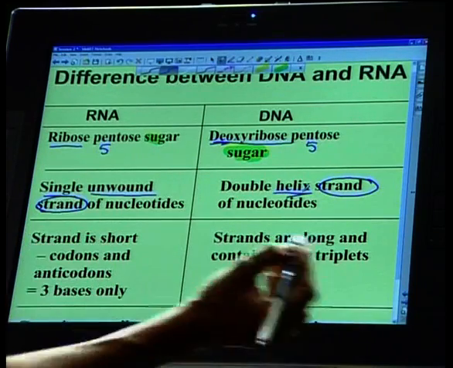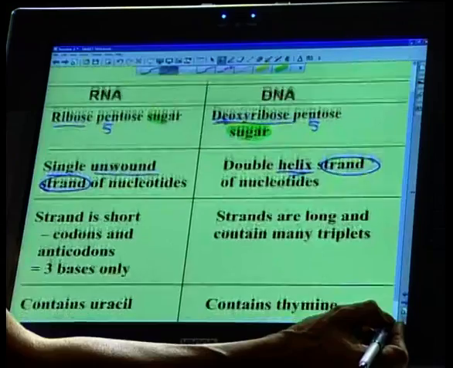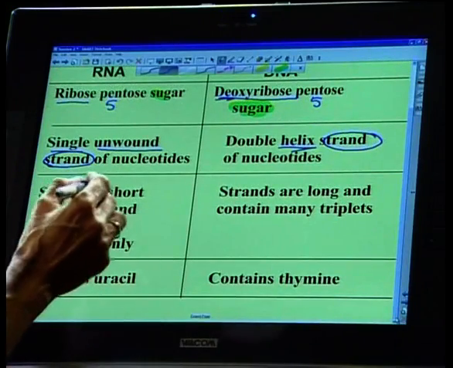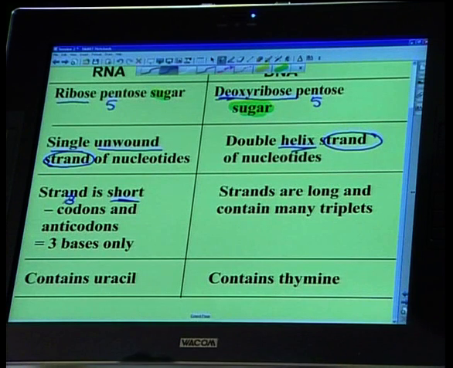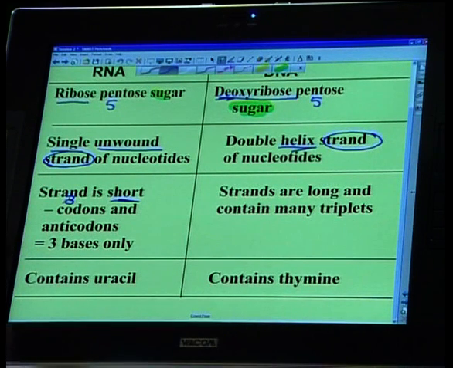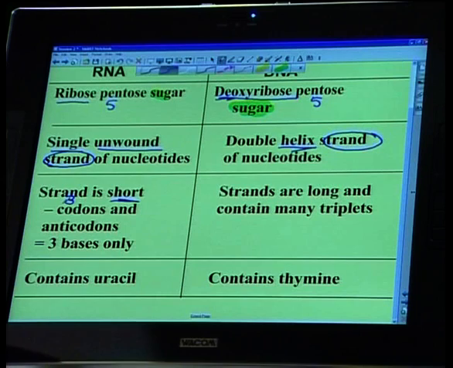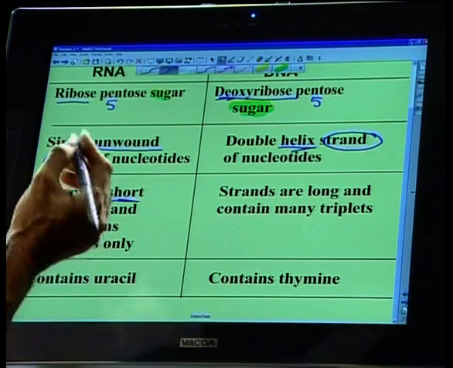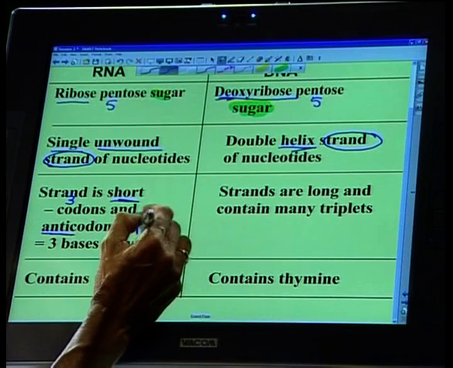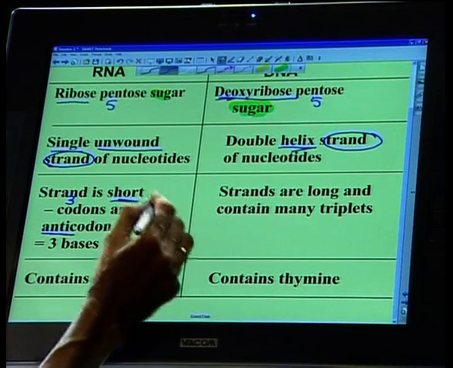Then the strand is short. Okay, it's short. Why? We're talking about codons, and a codon is only 3 nitrogenous bases. And then when we look at the transfer, the ribosomal RNA, there we're going to have the anticodons, which will be the opposite to the codon.